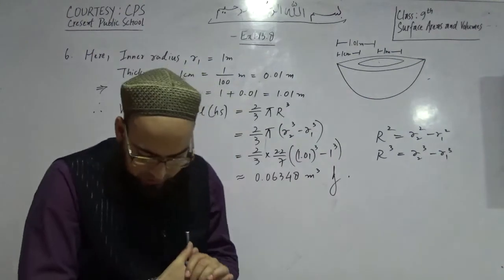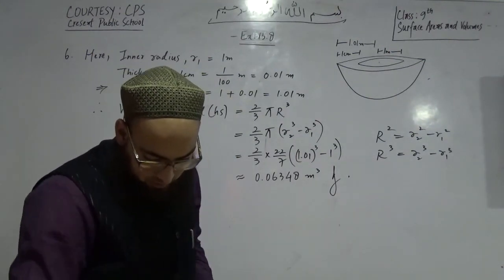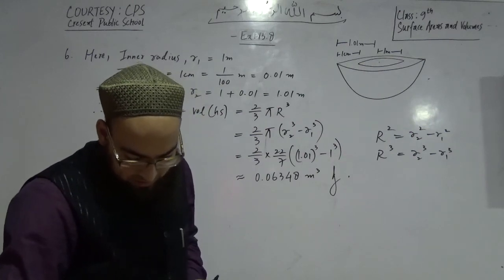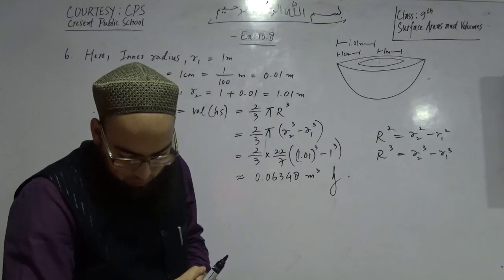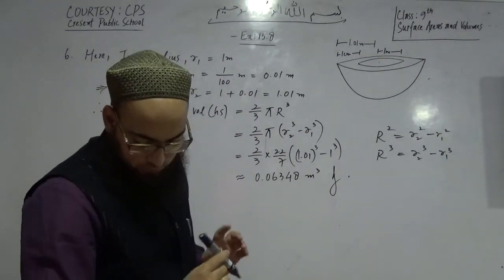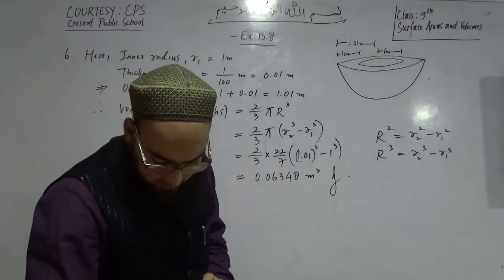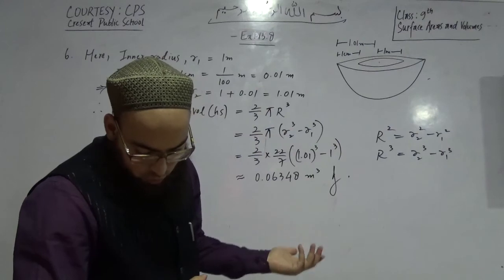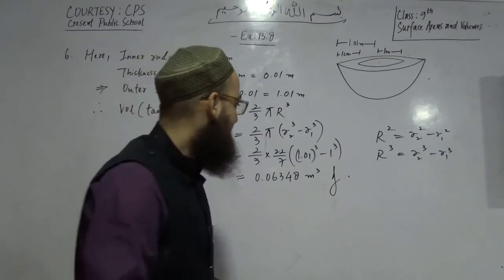A dome of a building is in the form of a hemisphere. From inside it was whitewashed at the cost of rupees 498.96. If the cost of whitewashing is rupees 2 per square meter, find the inside surface area of the dome and the volume of the air inside the dome. So you have a dome in the form of a hemisphere.